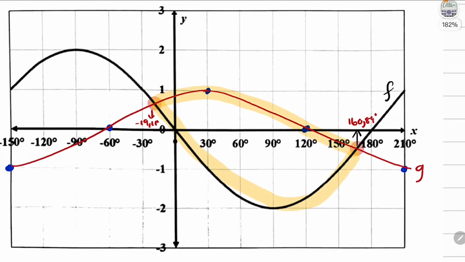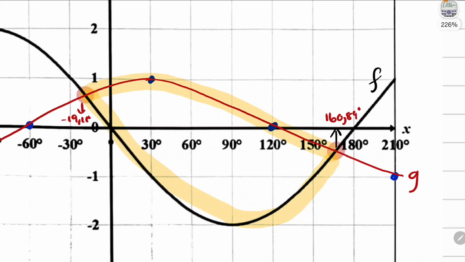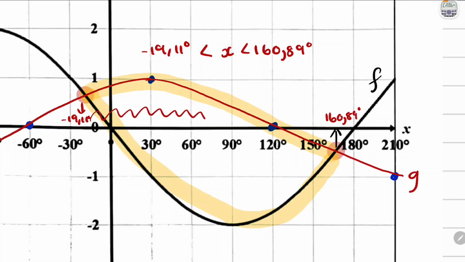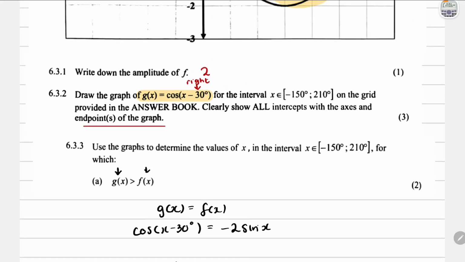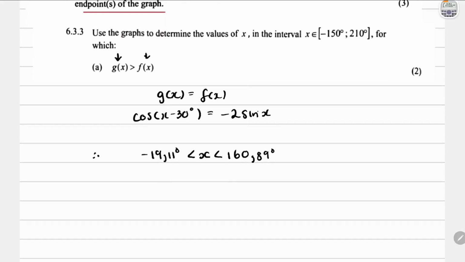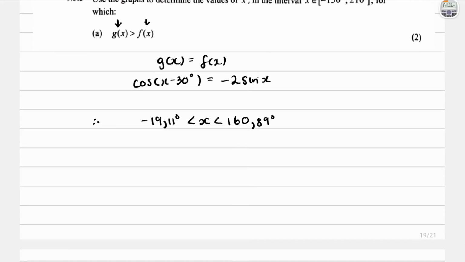Okay, so in a nutshell, the values of X for which G of X will lie above the graph of F, or be greater than the graph of F, is where X is greater than negative 19.11 degrees, but smaller than 160.89 degrees, because it's all the values in between negative 19.11 and 160.89. So that would be our answer over there. Okay, so that is the answer to that question. And then we move on to the next question.